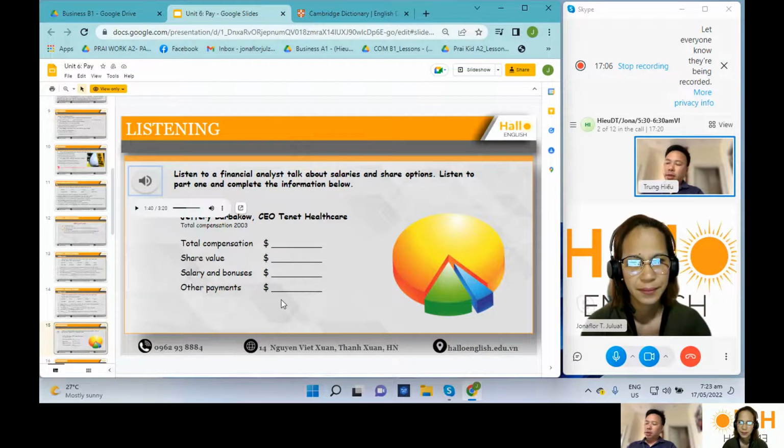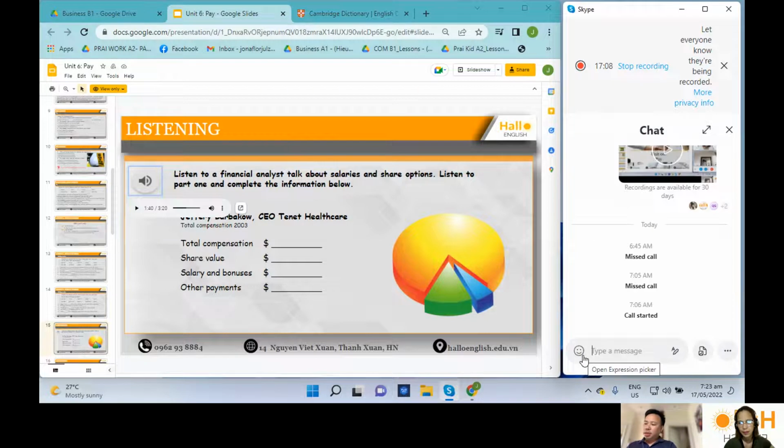Total compensation is 116 million and 683,000 dollars. Yes.